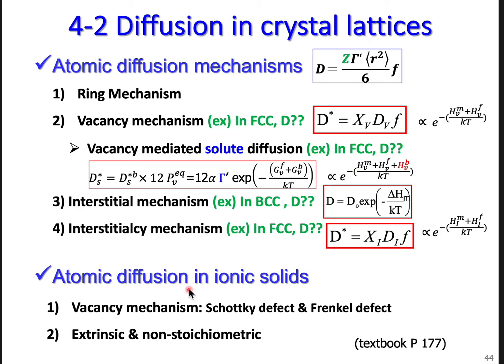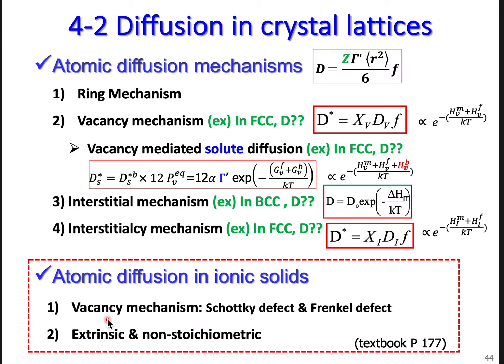The case we gave you here is more like metal materials, right? So now we need to move to atomic diffusion in ionic solids. And in this part, the diffusion mechanism actually is limited by the vacancy mediated mechanism.